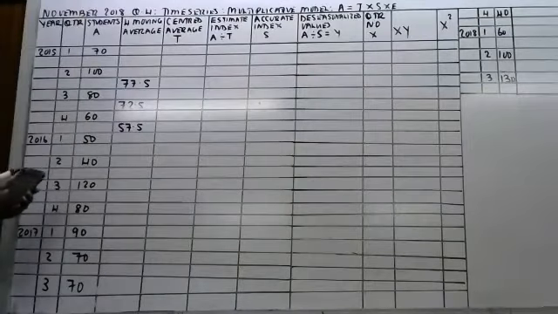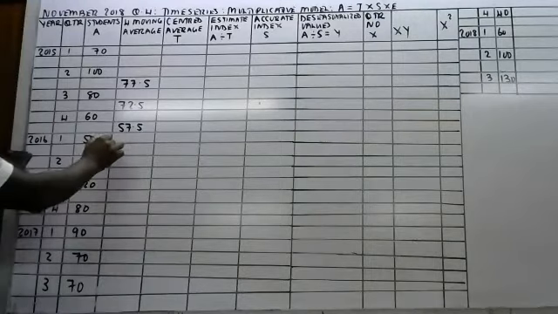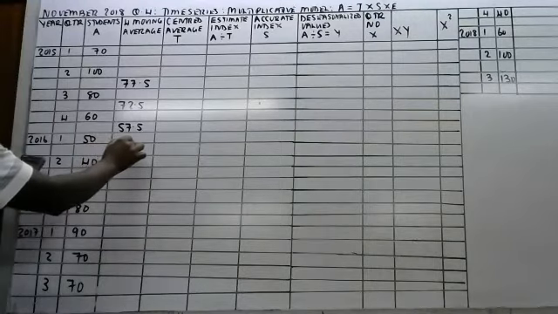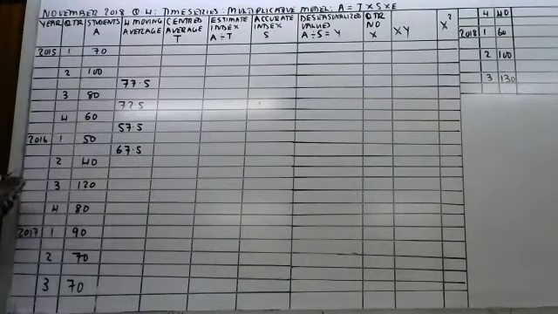Drop 80, you take 60 plus 50 plus 40 plus 120. Divide by 4 is 67.5. We have 50 plus 40 plus 120 plus 80.